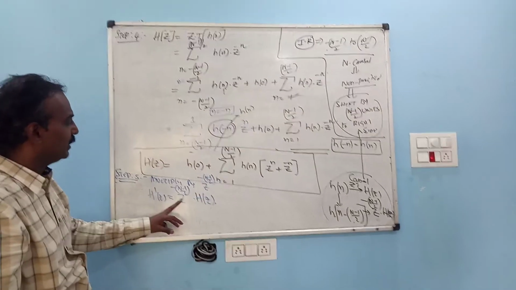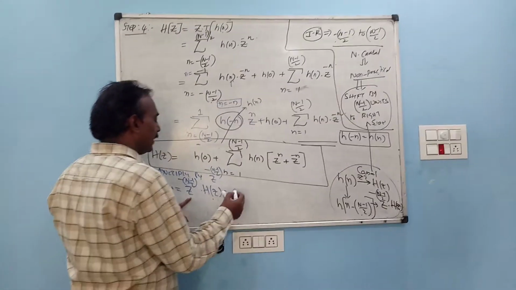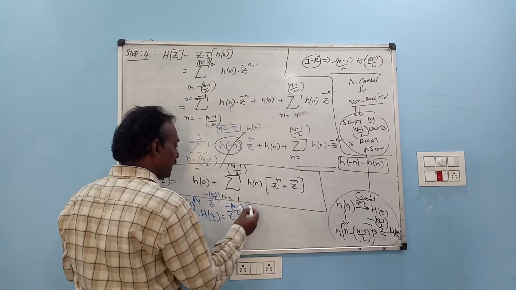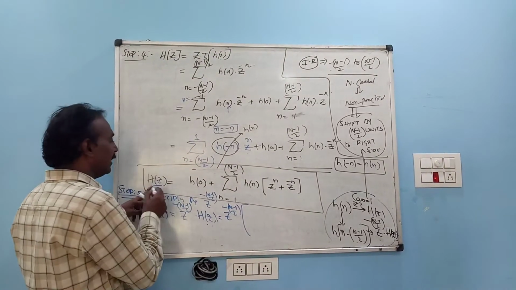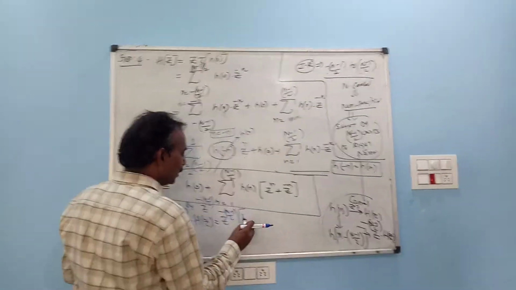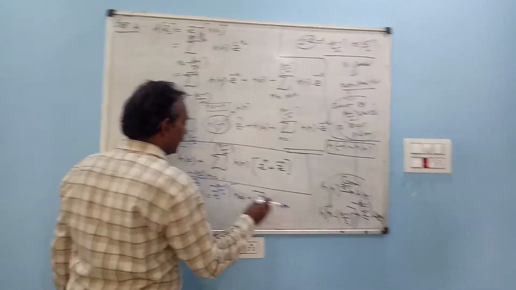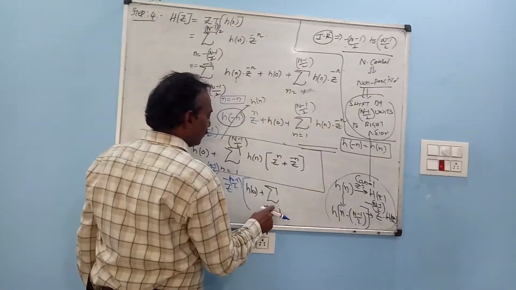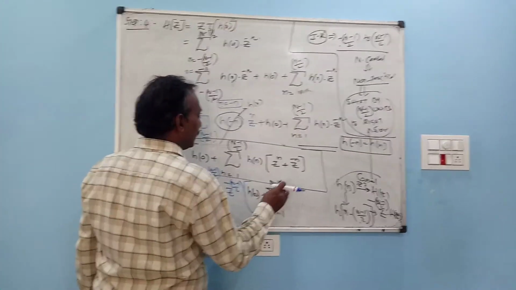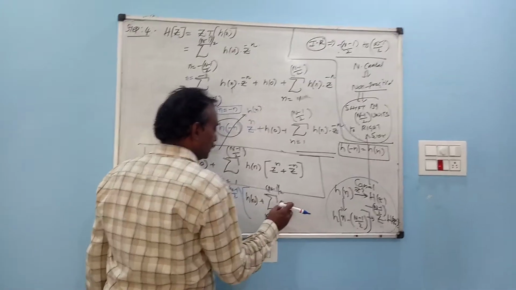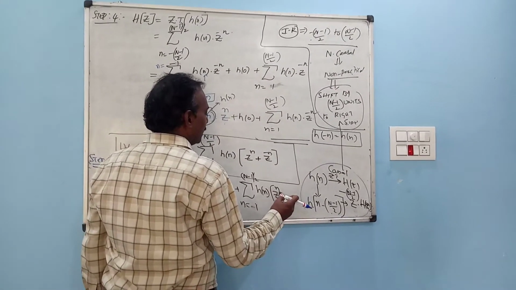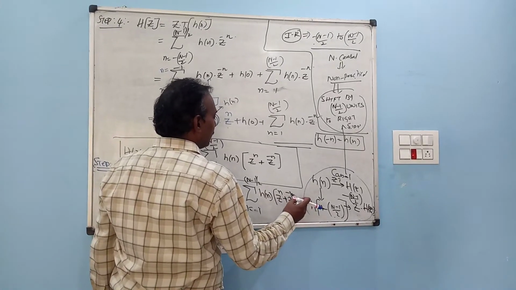Simply I am multiplying. So H of z we already have, with z power minus of (N minus 1)/2 outside the bracket. This H of z value is h of 0 plus summation n from 1 to (N minus 1)/2, h of n outside, z power n plus z power minus n.